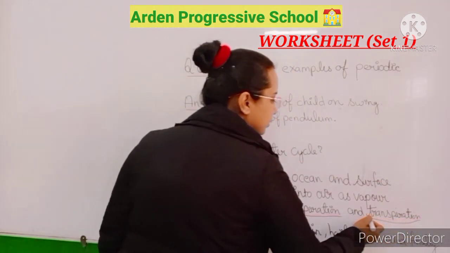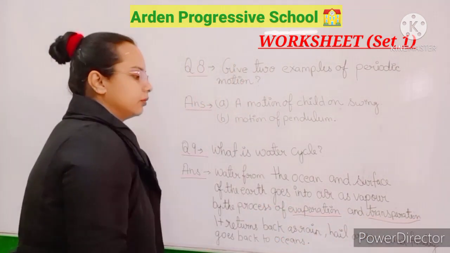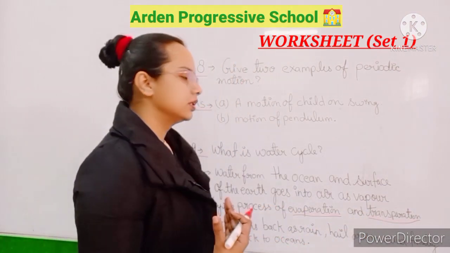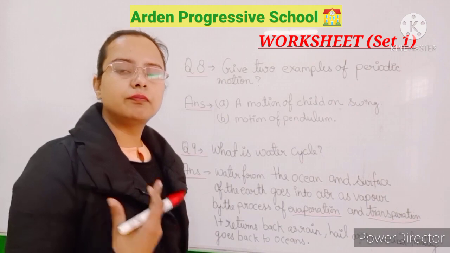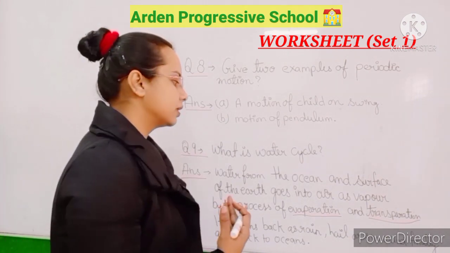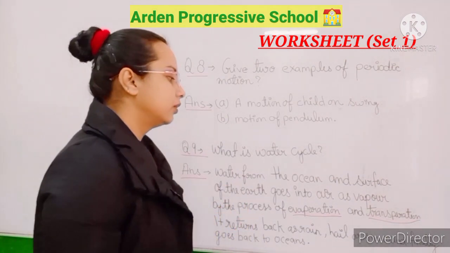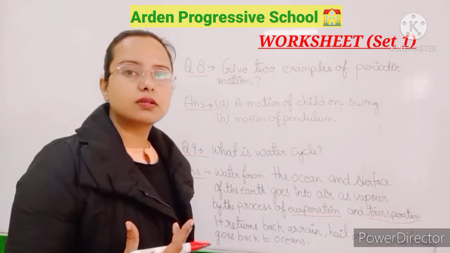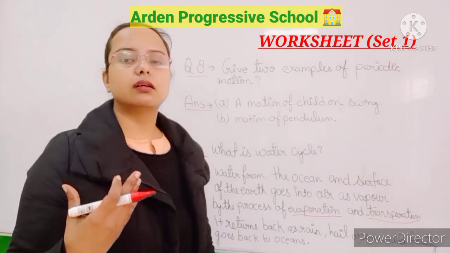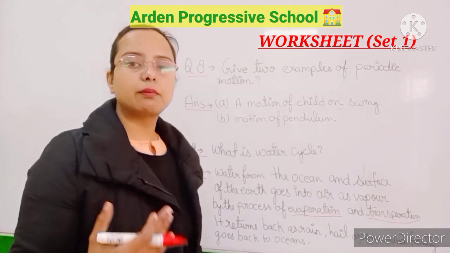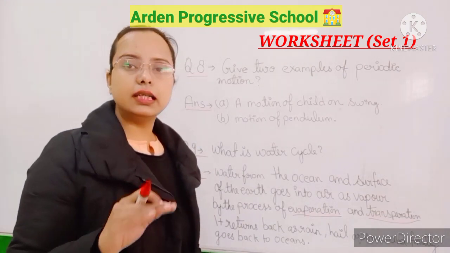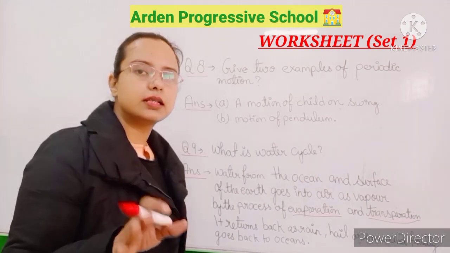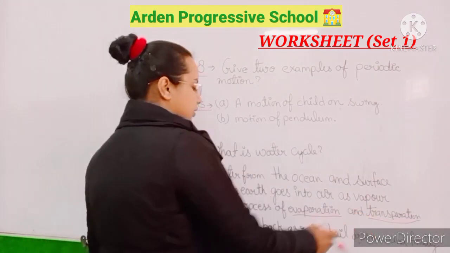I have told you what evaporation means. The water which is changing into the gaseous form is known as the evaporation of water. Now, what is transpiration? Transpiration is the process by which water gets evaporated from the leaves of the plant. That is known as transpiration.